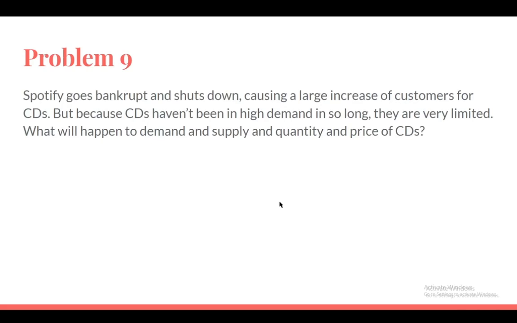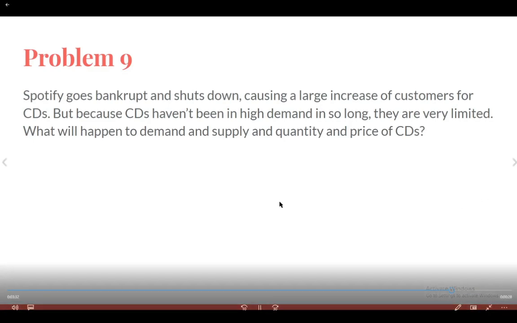Problem 9. Spotify goes bankrupt and shuts down, causing a large increase of customers going and buying CDs. But because CDs haven't been in high demand in so long, they are very limited. What will happen to demand, supply, quantity, and price of CDs? Pause.